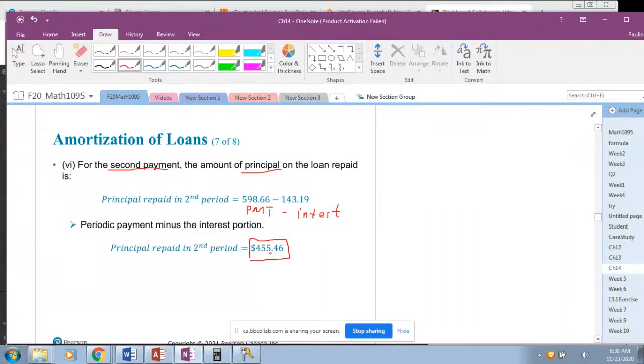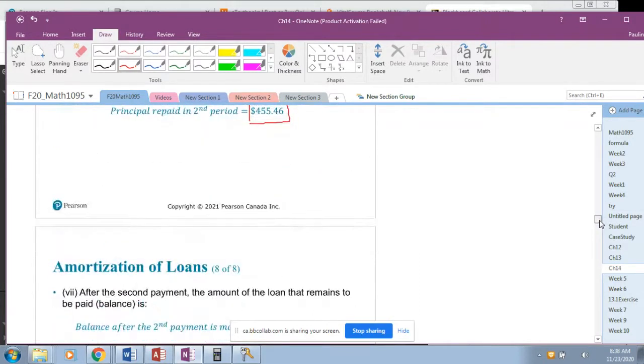The principal portion increased. So this is the second payment principal.